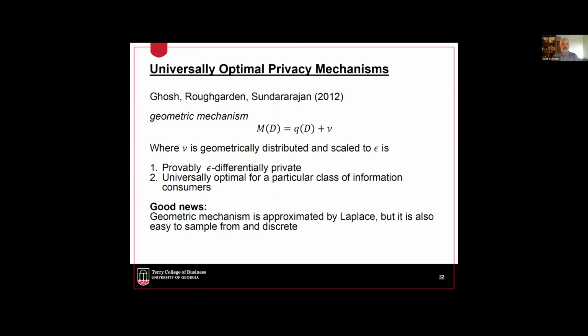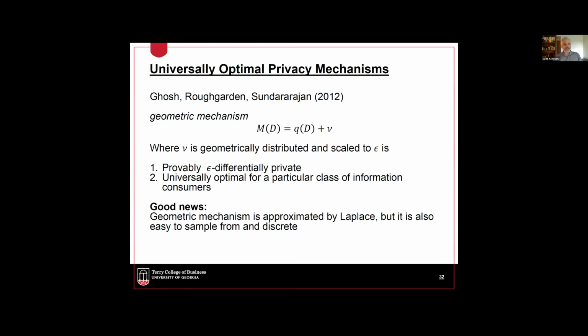So in a 2012 paper, Ghosh, Roughgarden, and Sundararajan introduced something called the geometric mechanism, which is just like the Laplace mechanism, except that instead of adding Laplace noise to the count of interest Q(D), we instead add geometrically distributed noise that's scaled to the privacy loss epsilon.